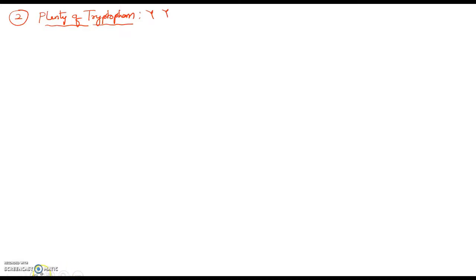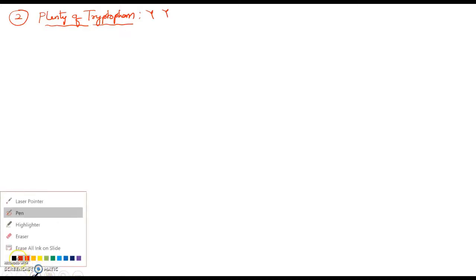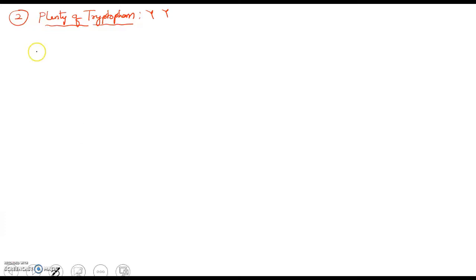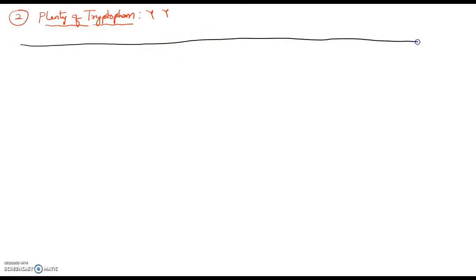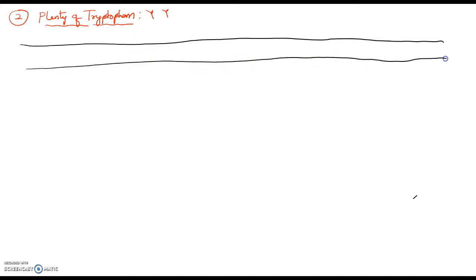Now you have to concentrate on this specific area of attenuator.